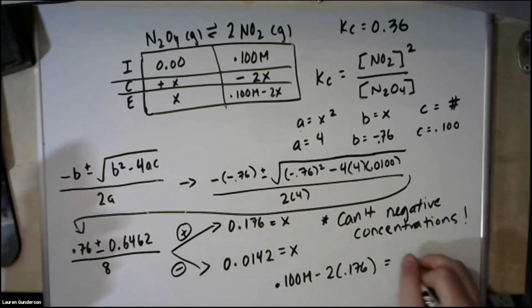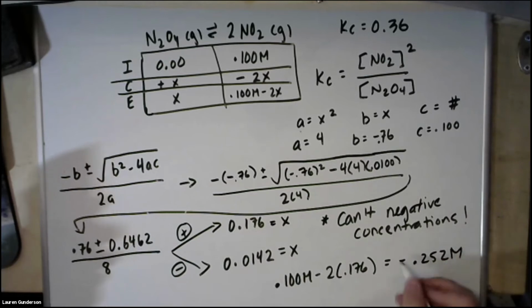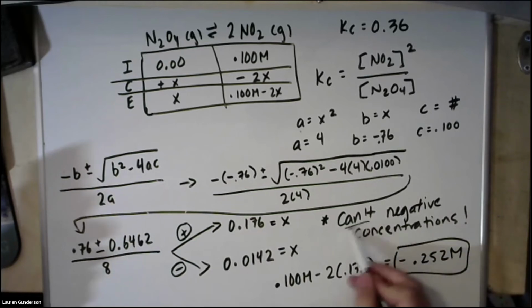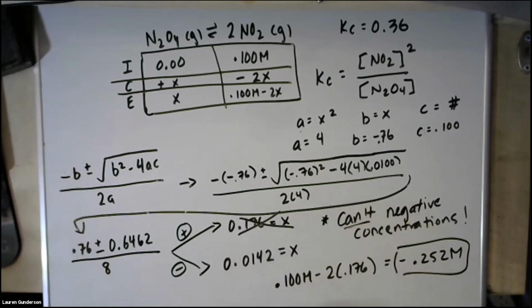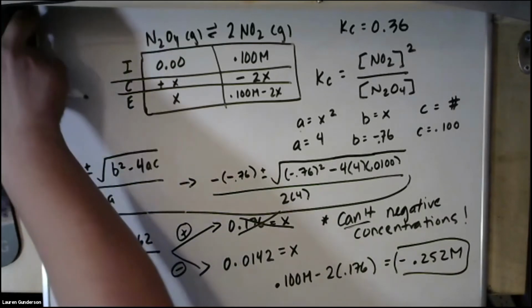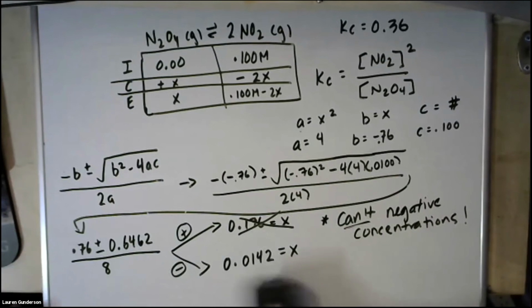Gives me negative 0.252 molar. Okay. I can't have negative concentrations. That means that this value is not the correct x value. It must be the other one. There will only ever be one answer that is correct when you're looking at these quadratics.